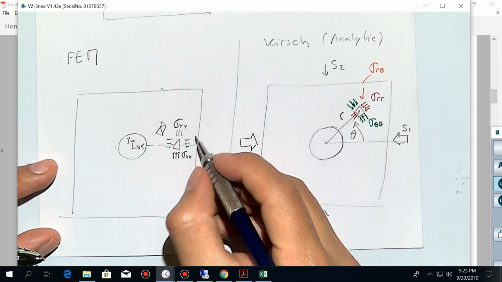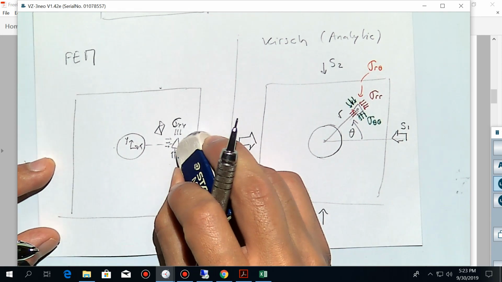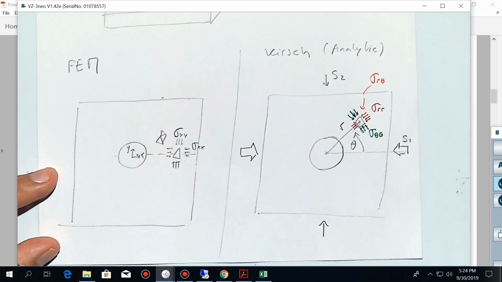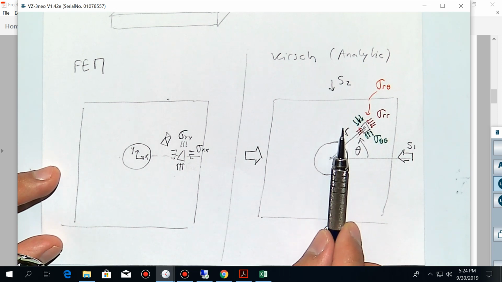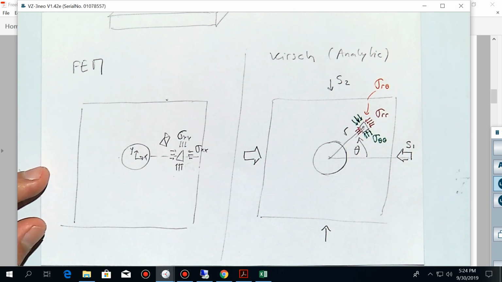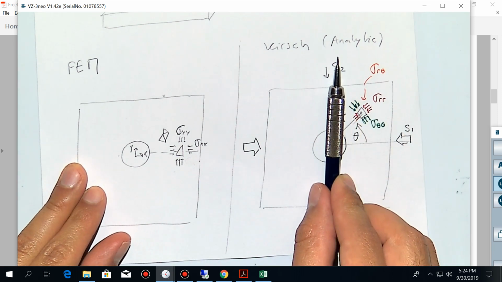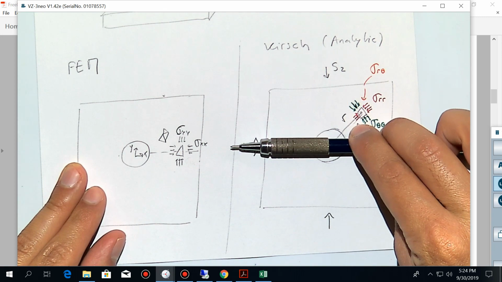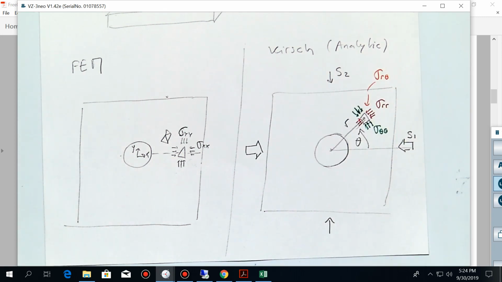Or when theta is equal to 90, now sigma theta theta will be sigma xx, and sigma rr will be sigma yy. But it depends on what is the angle that you chose. You can compare it very easily at either this direction or that direction. If you're going to compare it at some other angle, you have to do some transformation, which I'm not asking you to do here.